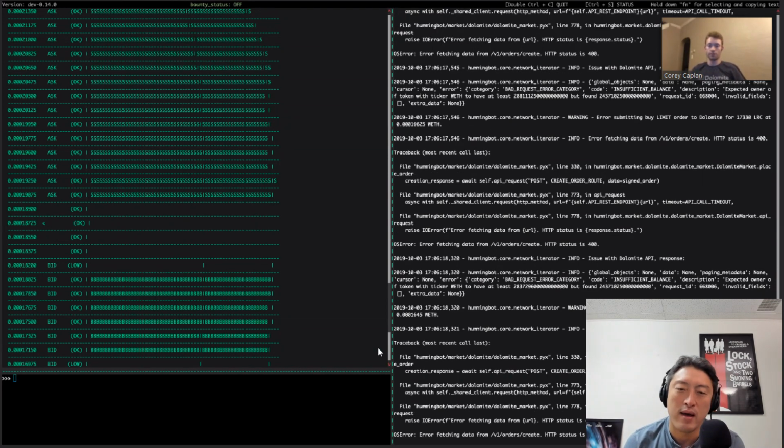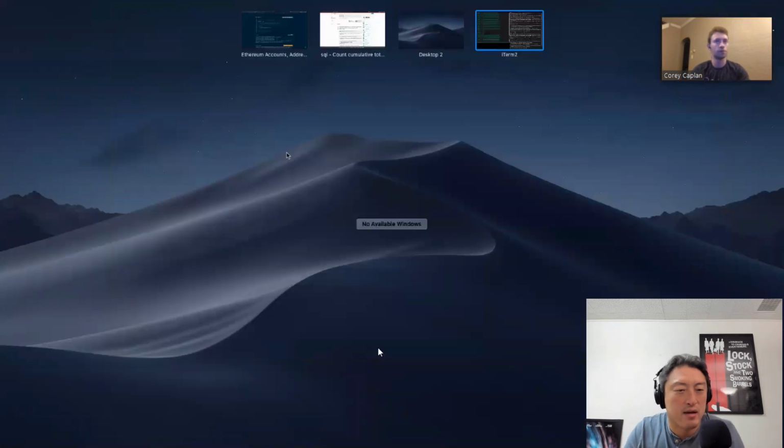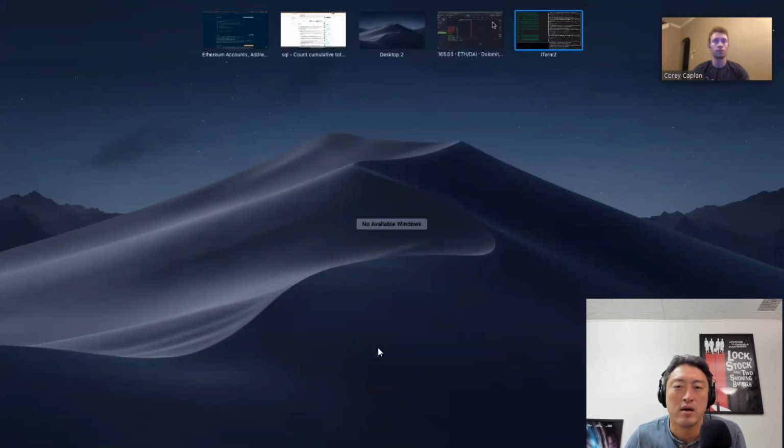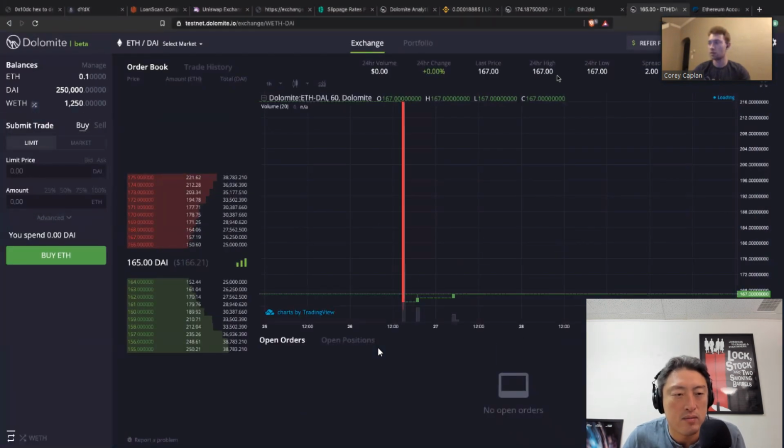Cool. So maybe can you show us what this looks like for a taker on Dolomite? Is this actually running on your exchange right now? Yeah, it is. So can you still see the screen? Yes.